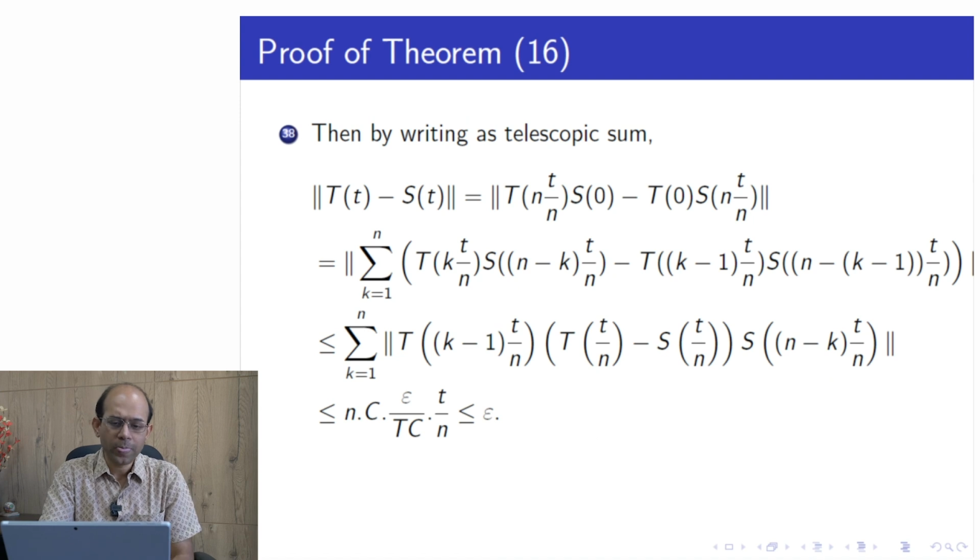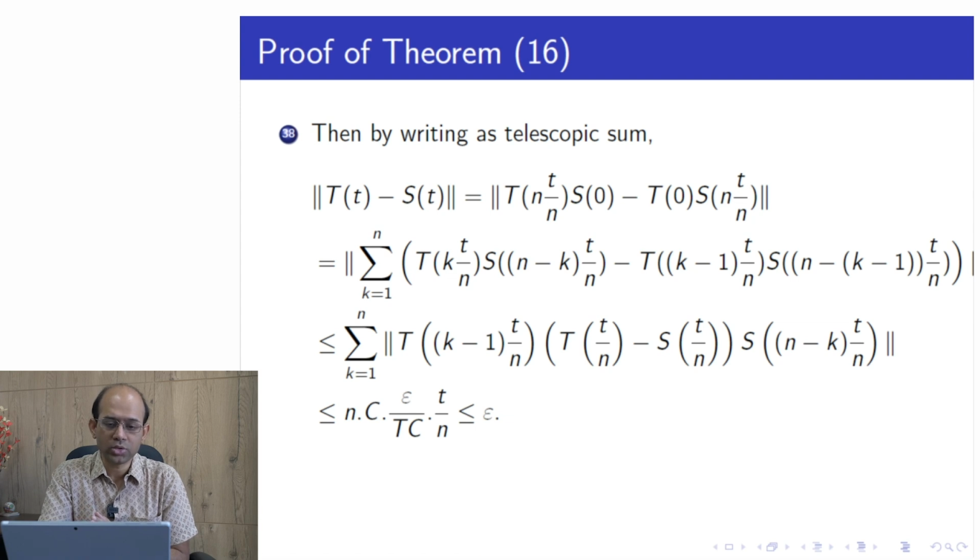So we do this. Here we have n number of terms, and for each and every term I am now dominating this capital T of t by n minus S of t by n, because the norm of the composition of operators is less than or equal to the product of the norms.